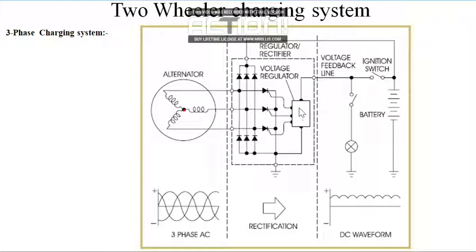At that time, here we have a Zener diode which triggers the third leg of your SCR.